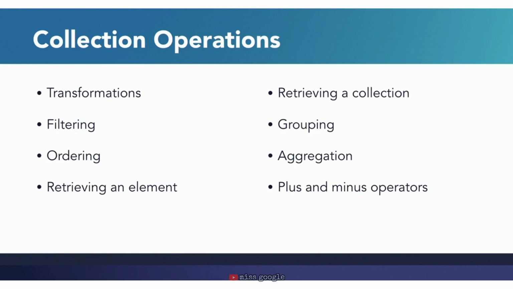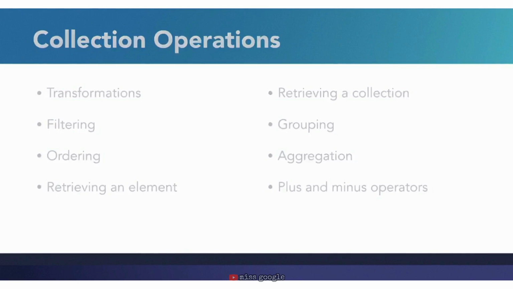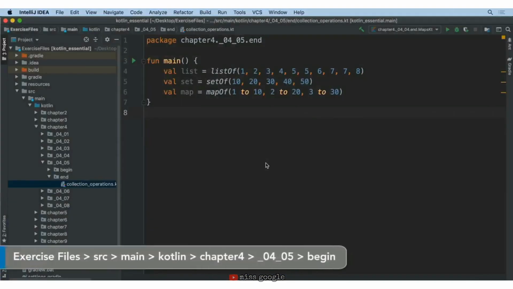We haven't covered lambdas yet, so for now, think of them as function shortcuts. The operations are transformation, filtering, ordering, retrieve an element, retrieve a collection, grouping, aggregation, and the plus and minus operators. We begin with a few collections, a list, a set, and a map.